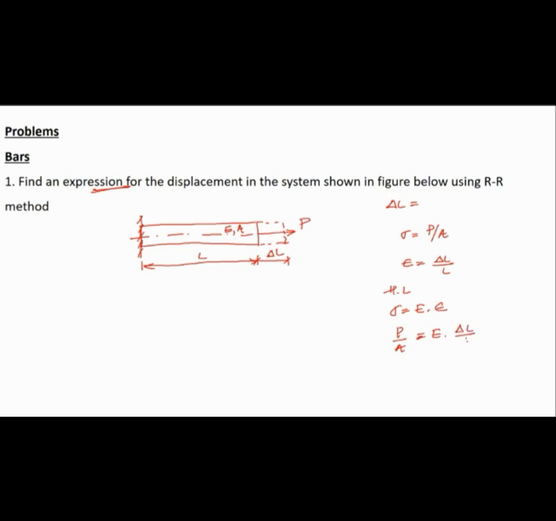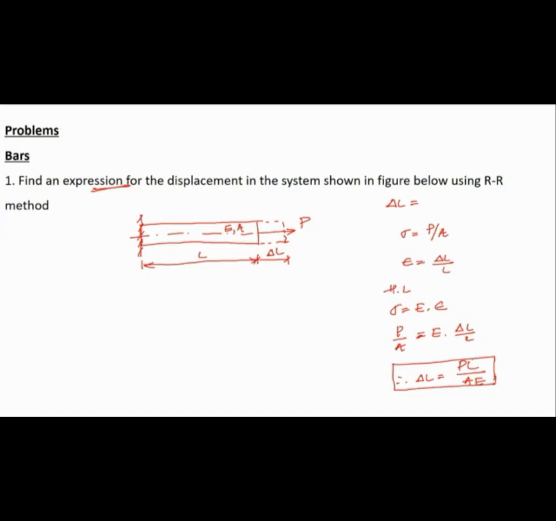Strain is delta L by L. Therefore, delta L is equal to, so this L I will send to the LHS, so it will be PL. This E I will send to the LHS, therefore it is AE. So what is the expression? PL by AE. This you already studied, no? How to find out the extension in a uniform bar is given by PL divided by AE. So this is my expression to find out the extension in the uniform bar, PL divided by AE.